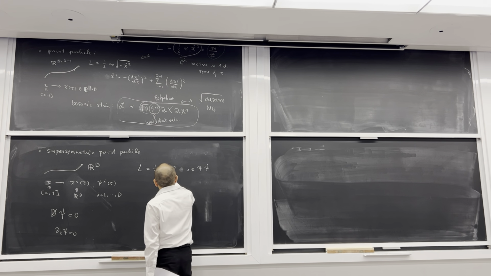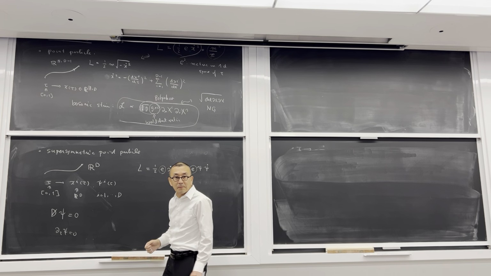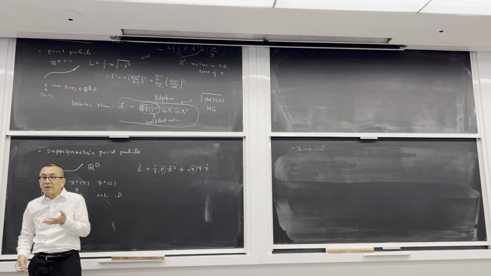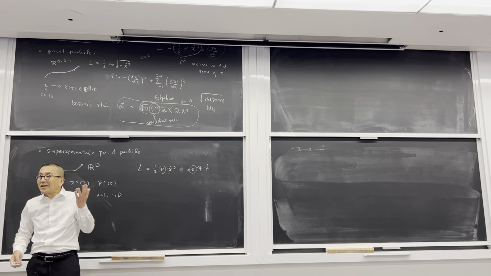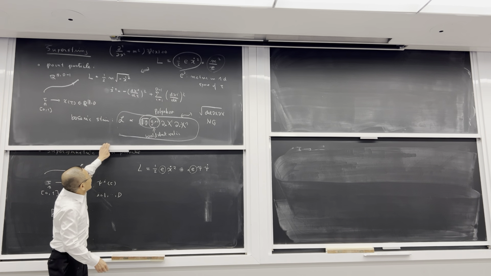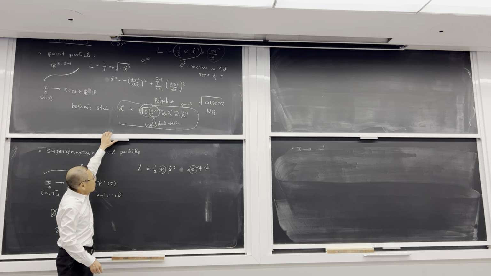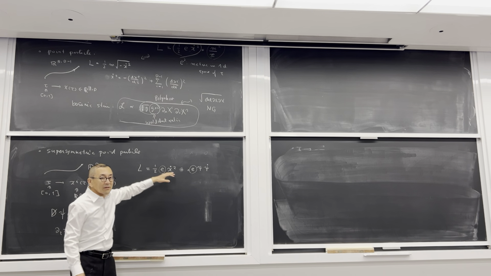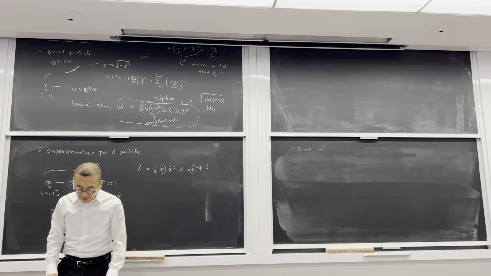So E you can think of as a metric. I'm also making this metric a dynamical field, because we're going to integrate over it to impose a constraint. And we want the world line theory to be diffeomorphism invariant. So the metric should also be a dynamical variable.